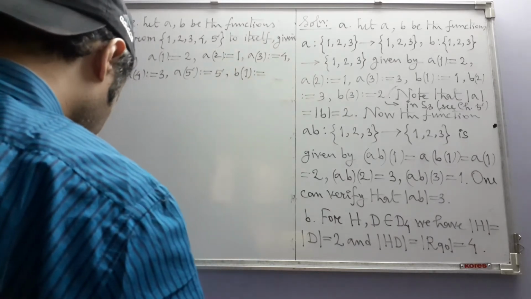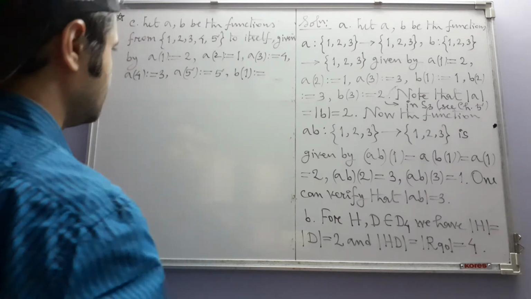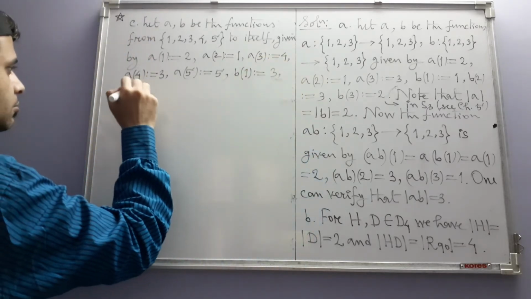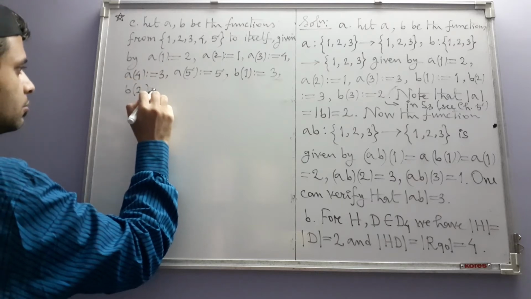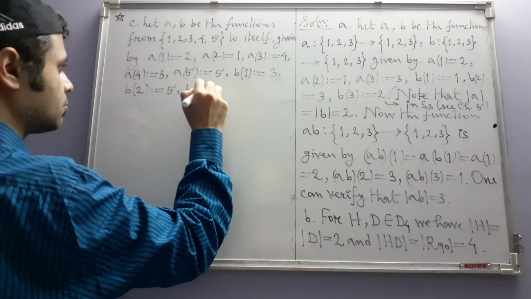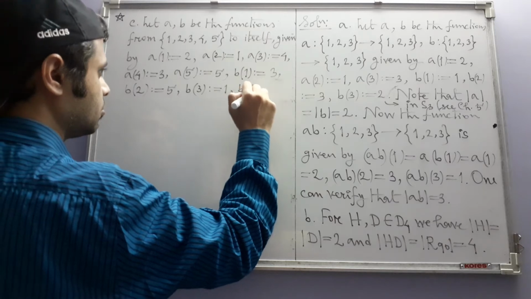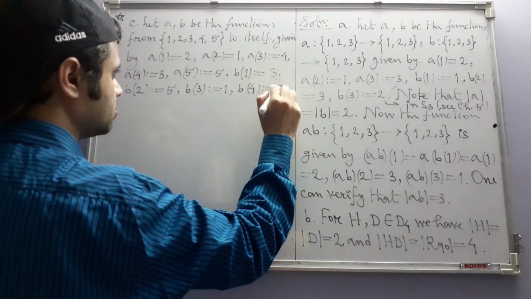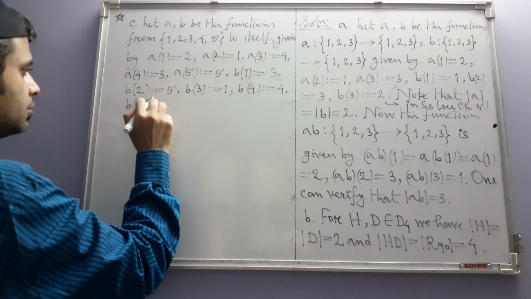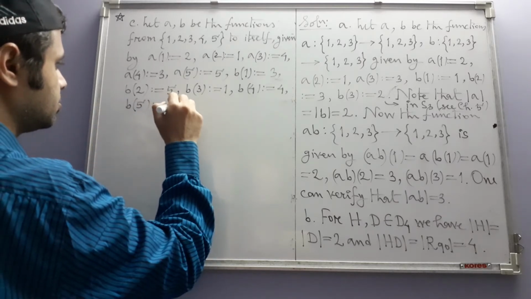B of 1, okay, so this is 1 3 2 5. B of 1 is 3, B of 2 is 5, B of 3 is 1, B of 4 is 4, and B of 5 is 2.